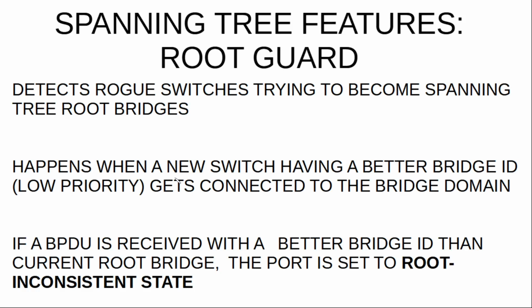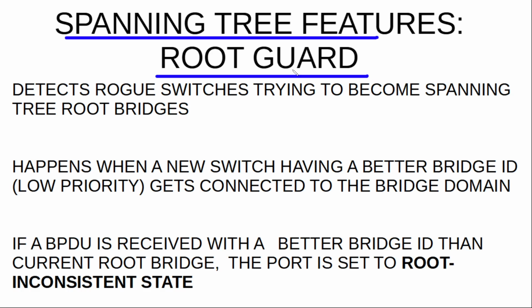Now let's go for the last part of the theory. Here we're going to see spanning tree features, root guard. What you want to do with root guard is actually prevent people from connecting a switch that will try to become the root of your spanning tree protocol. Remember that we usually have 2 distribution switches and access switches, and you choose which one will be your root.